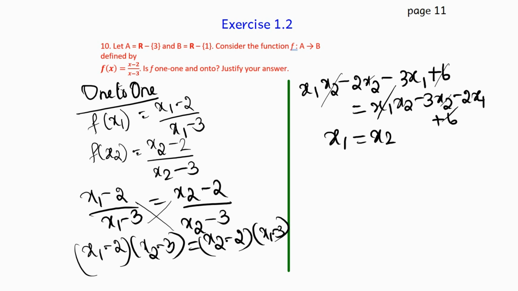After simplification, I will get x1 equal to x2. So this condition proves that if they are equal, then the same element will be mapped to the element in the codomain, which means it is a one-to-one function.